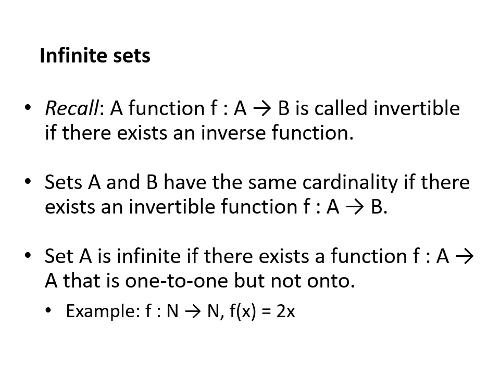We also know that set A is infinite if there exists a function f that maps A to A that is one-to-one but not onto. For example, the set of natural numbers N is infinite. We know this because we can pick a function f that maps natural numbers into natural numbers, and we define it with the rule f of x is equal to 2x. Clearly, it's one-to-one.